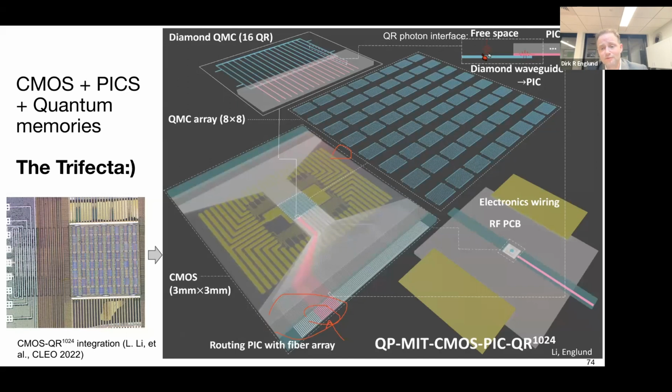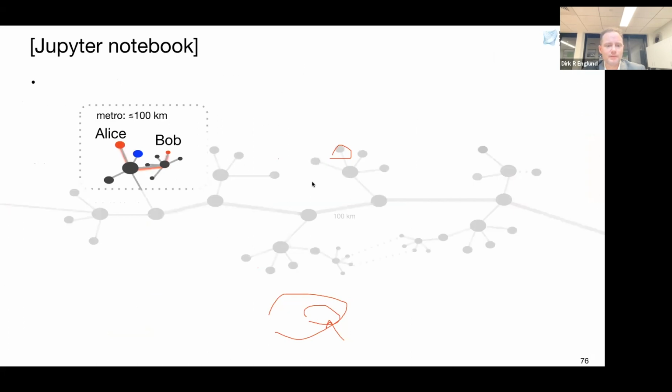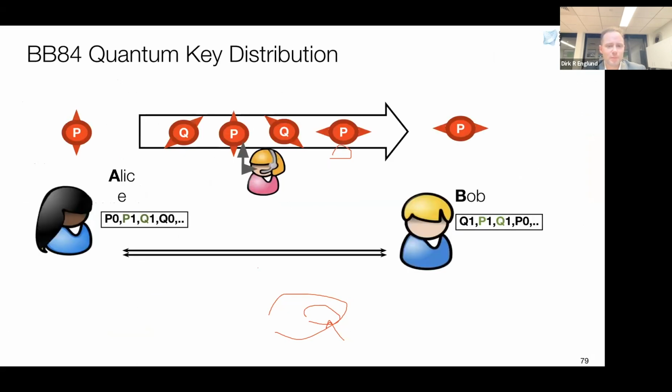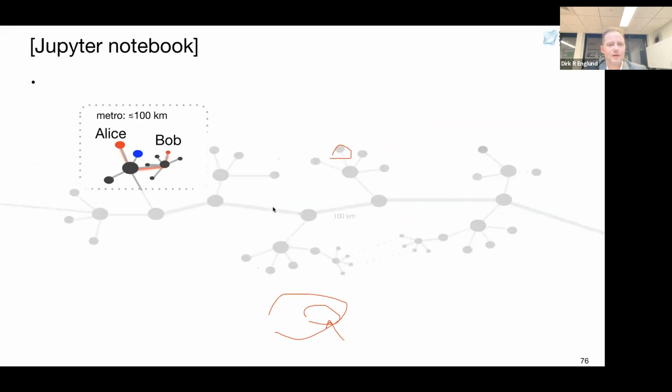It's not fun. It's pretty difficult, but as far as we know, we need to get to millions of qubits. So that's the approach that we're pursuing in these efforts. At this point, there's a Jupyter notebook, but I think I'll skip over it for the purpose of this quantum communication demo.